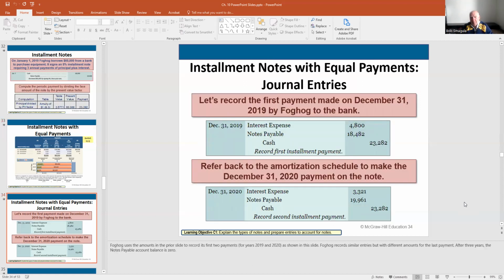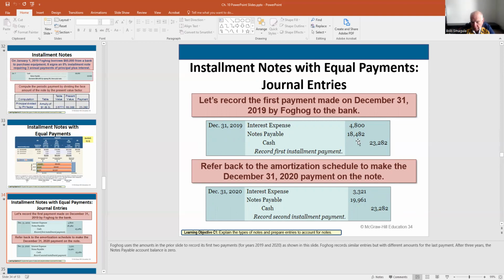Installment notes with equal payments, huh? Let's record the first payment. The first payment. Well, we know that every year we have to pay 23,282. And we know that the interest expense for the first year is 4,800. That leaves us with a note payable reduction of 18,482.